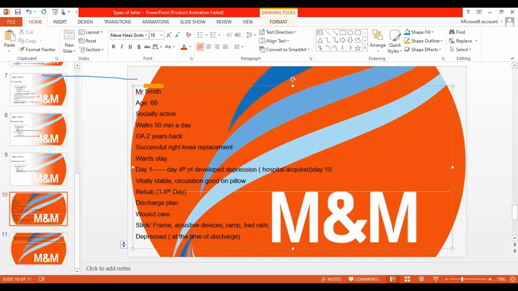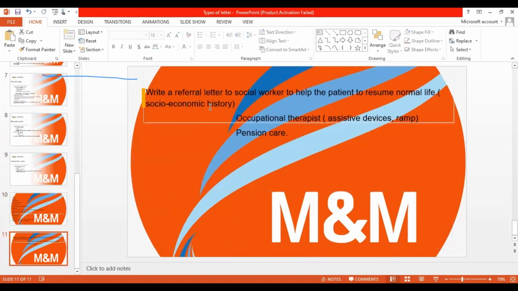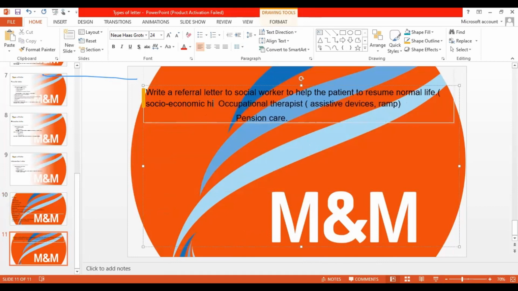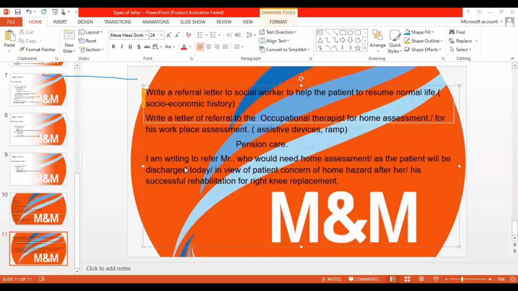And yes, we can write these things in the letter, and the writing task would change in the case of the occupational therapist. What can we write as a writing task? Now I will write this again for you. This is your occupational therapist. We are writing for the home assessment after his discharge.